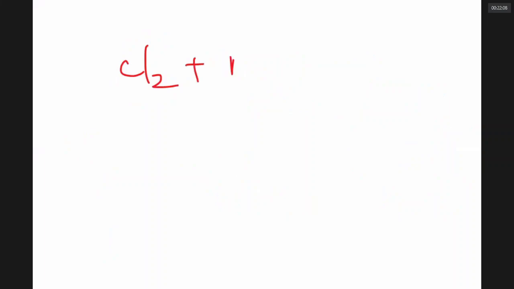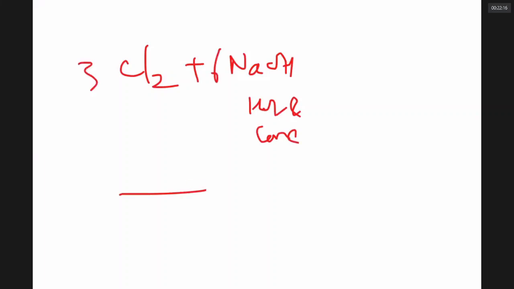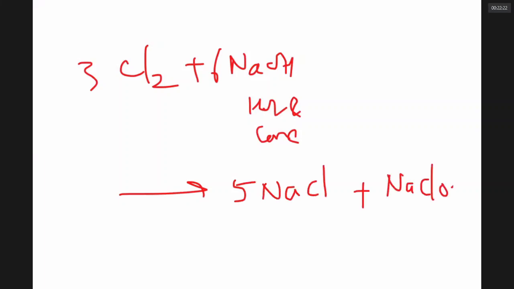If your NaOH is hot and concentrated, 3 moles of chlorine react with half a dozen moles of NaOH to give 5 moles of NaCl and 1 mole of sodium chlorate plus water. Ladies and gentlemen, here Cl is -1, here +5.